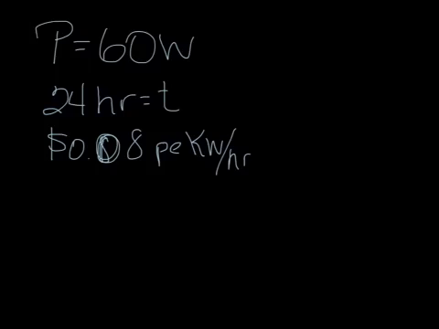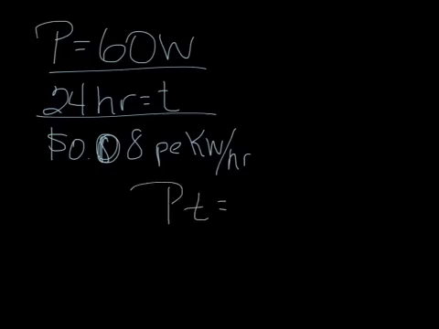So we know we have a light bulb that's 60 watts, runs for 24 hours. So power times time is the energy used. And that is equal to 60 times 24. Okay. And that will get you in watt hours. So what is 60 times 24?